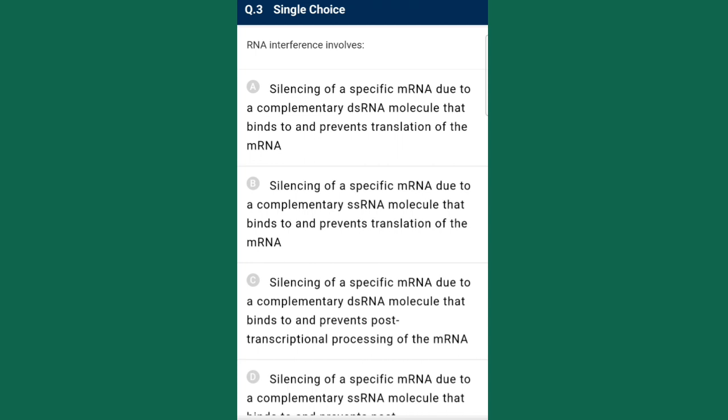The source of this complementary RNA could be infection by viruses having RNA genomes or mobile genetic elements called transposons that replicate via RNA intermediate. So the answer for this question is option A.